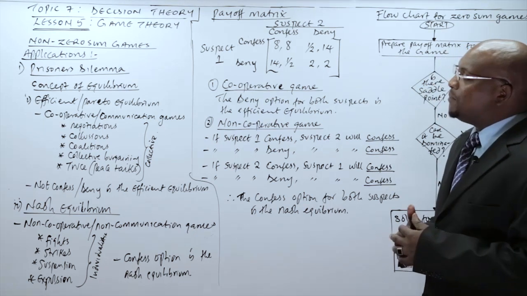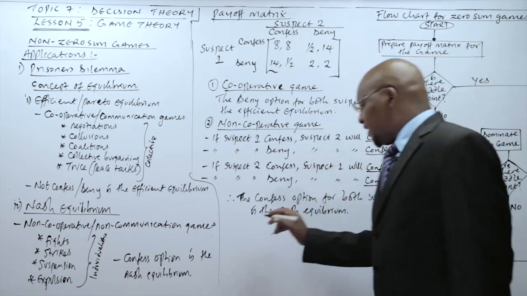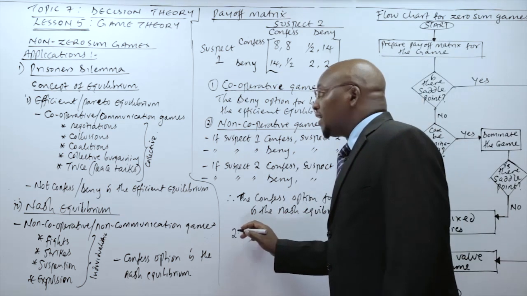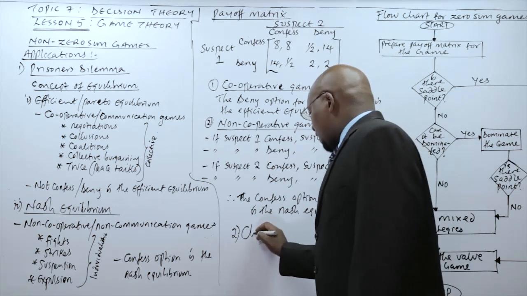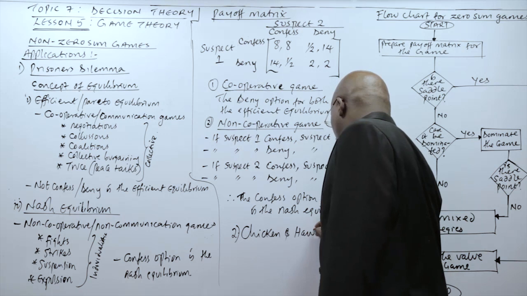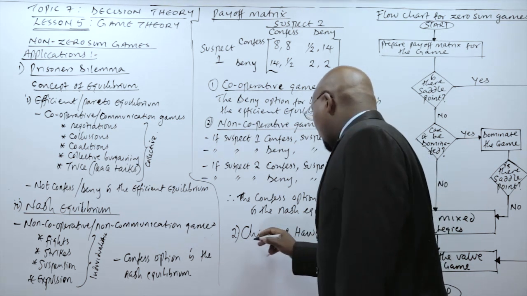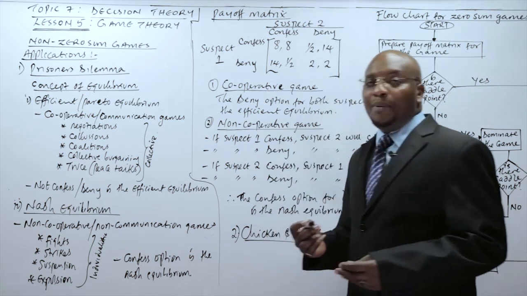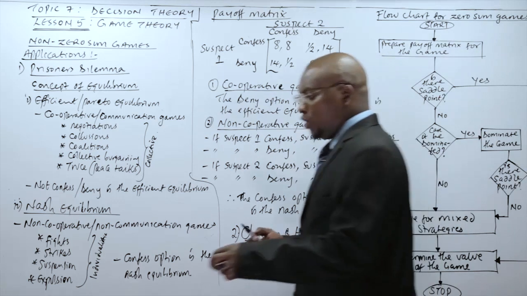Now, that one is the prisoner's dilemma as one of the applications. I can give another one, number 2, let's say chicken and hawk games. Now, in these chicken and hawk games, one player is going to play tough, while the other one is going to play not tough.